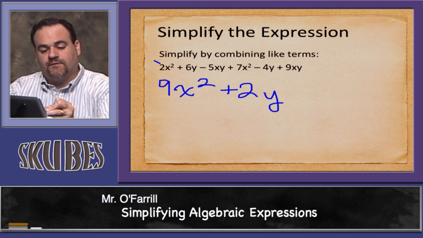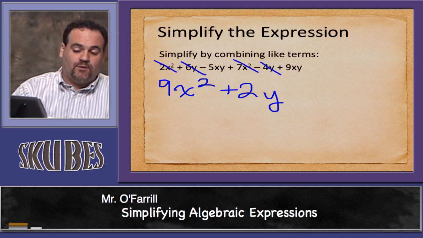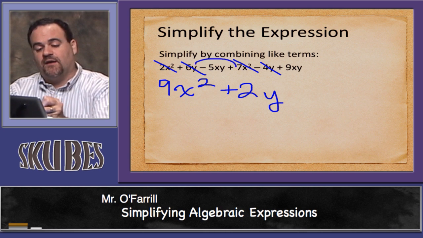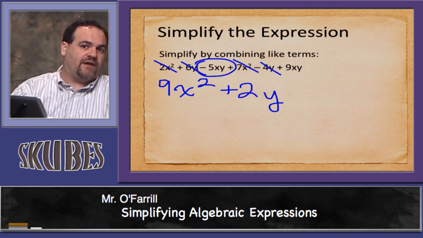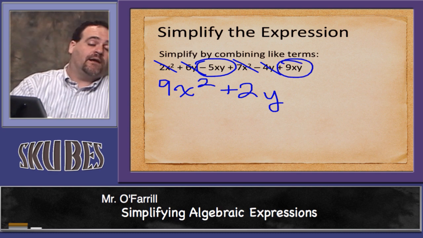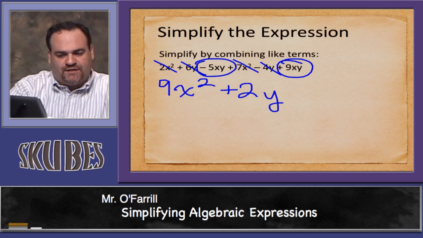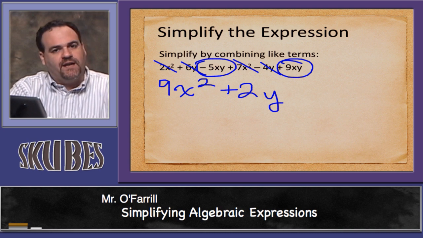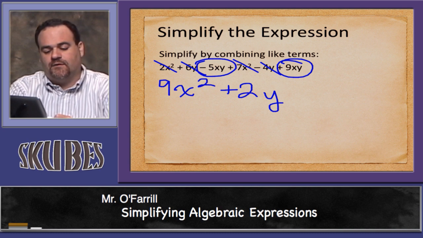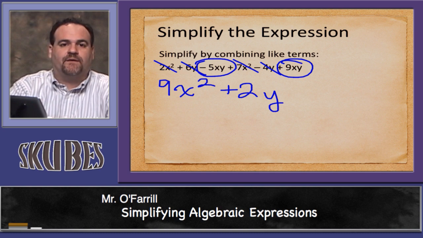And finally, since we've eliminated all of the other ones, we can take a look and see. This is a negative 5xy, and this is a positive 9xy. Same 2 letters, same exponents. They're like terms, so we can go ahead and put them together. Look at the coefficients. We have negative 5 and positive 9.